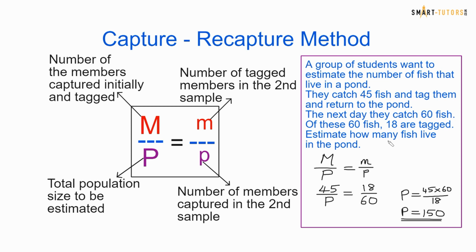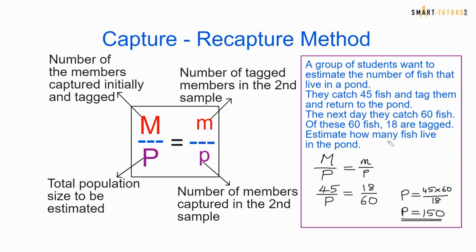The next day, so that is the second sample, they catch 60 fish. So the total is 60, and that goes to the bottom, the number of members captured in the second sample. Of these 60 fish, 18 are tagged, so 18 goes on the top.